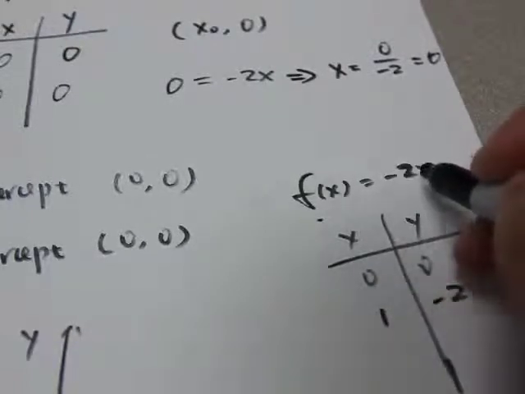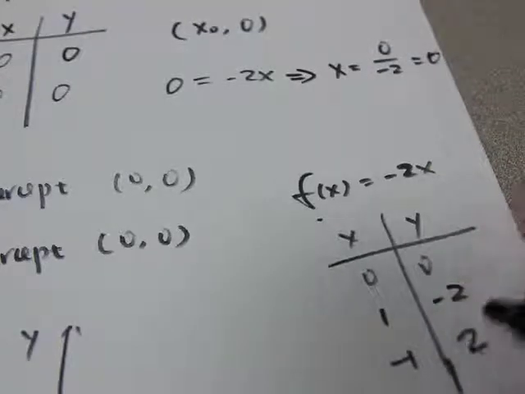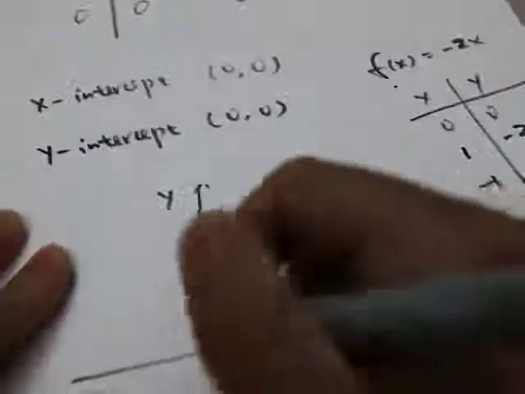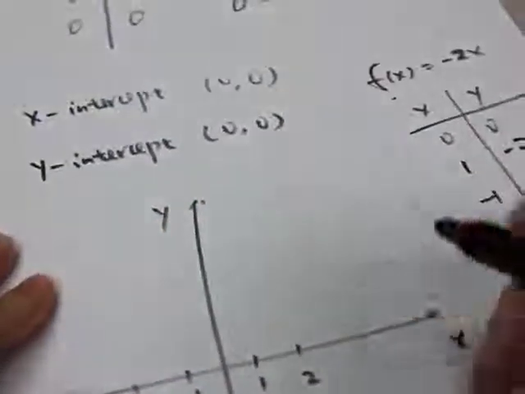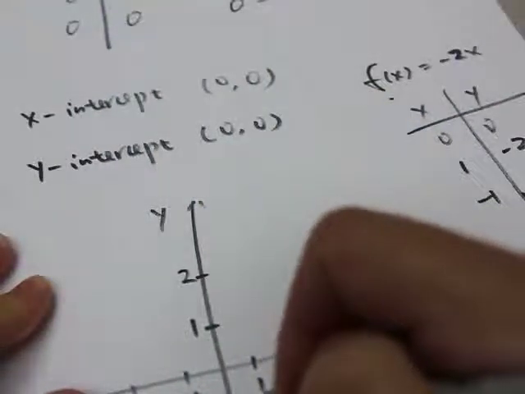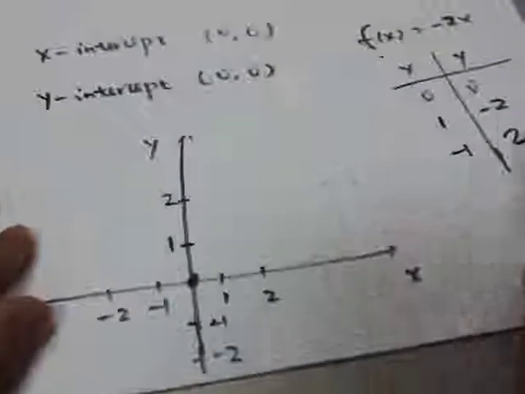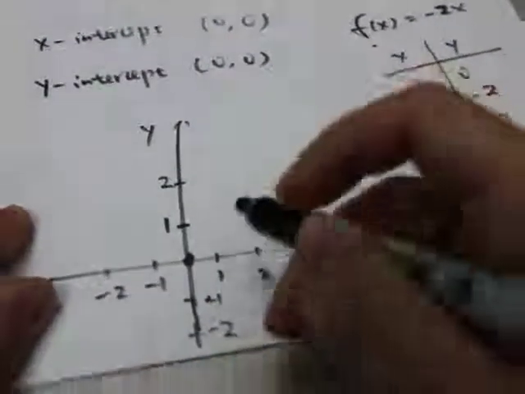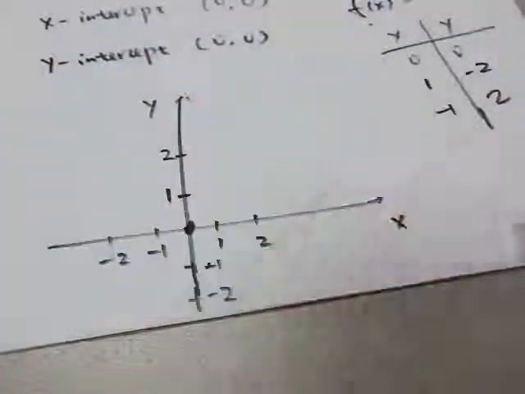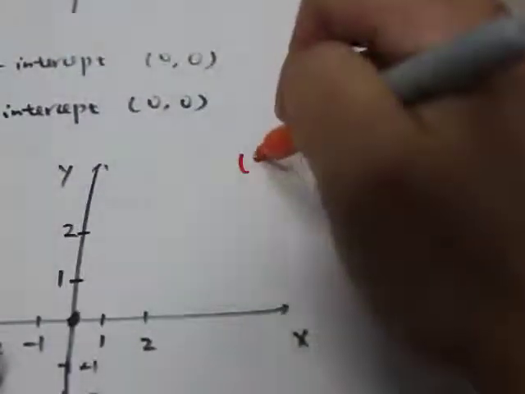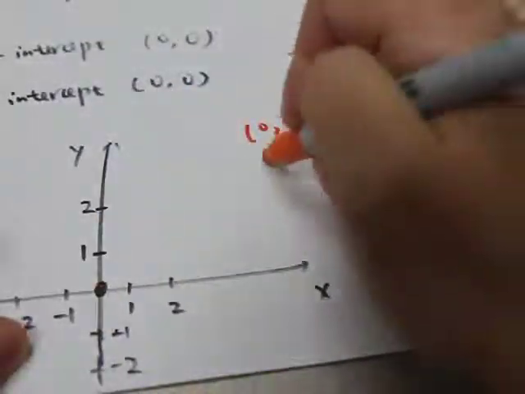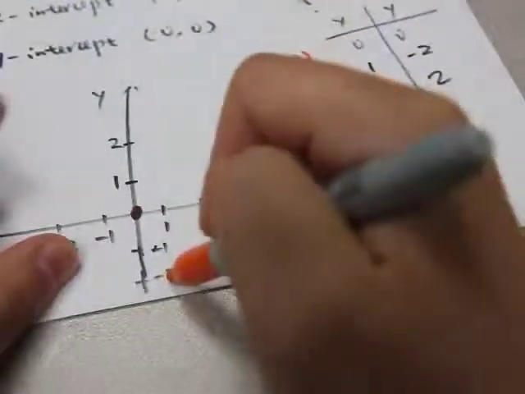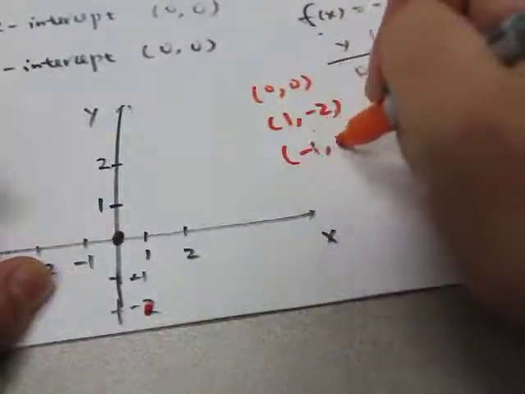When x is negative 1, y is positive 2. So from this table we have the point (0, 0), which is here, and (1, negative 2), which is here, and (negative 1, positive 2), which is here.